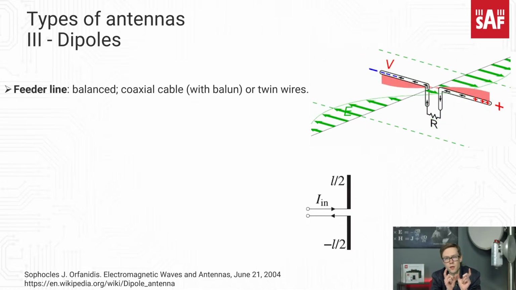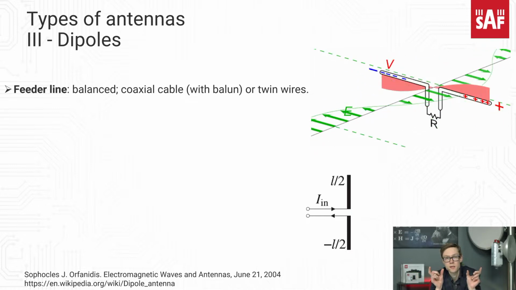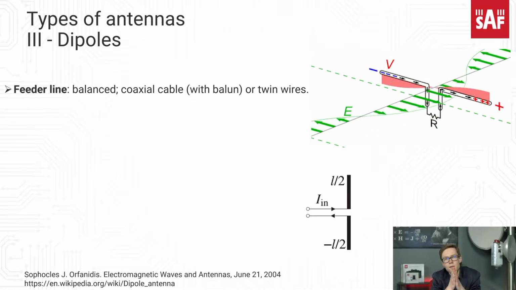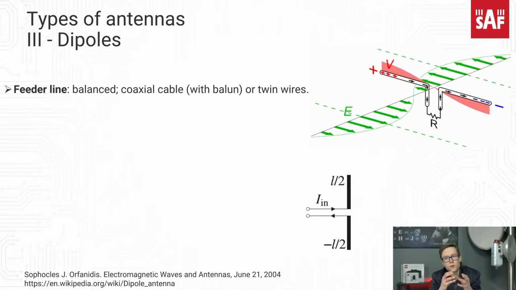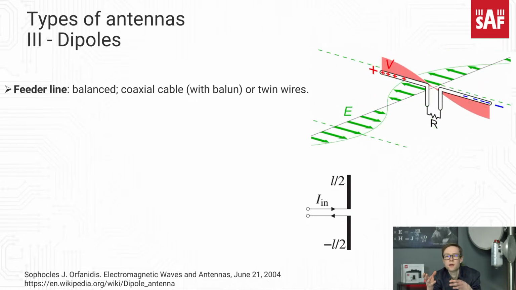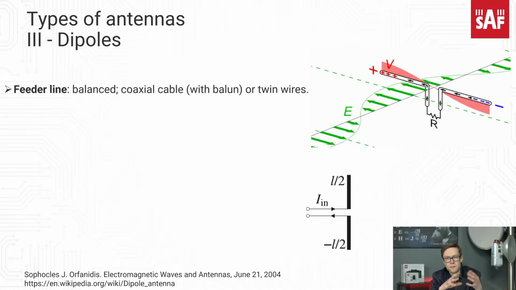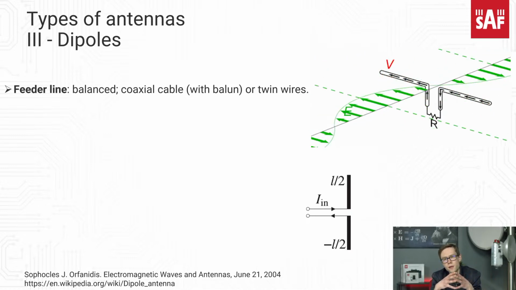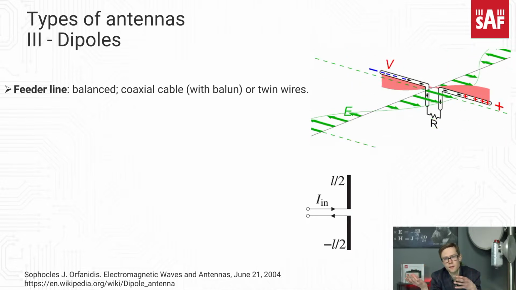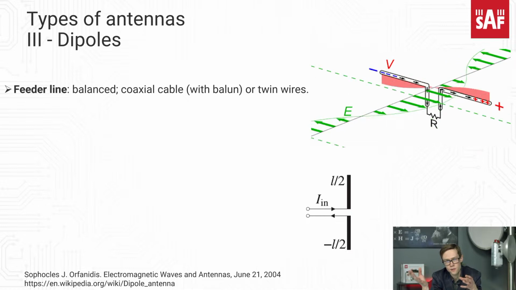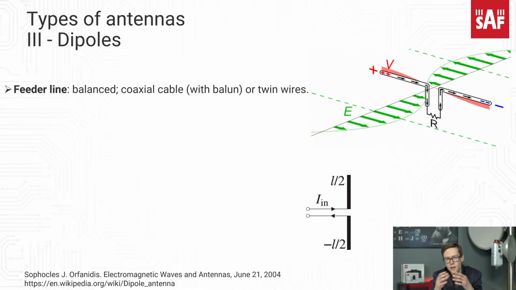So this is a combination of two words, balanced and unbalanced, forming balun. This is a device which allows us to get the balanced line out of an unbalanced line. So it can be used on the feed of the dipole antenna. Or we can connect the twin wires straight to the feeder to have the balanced line on the input.